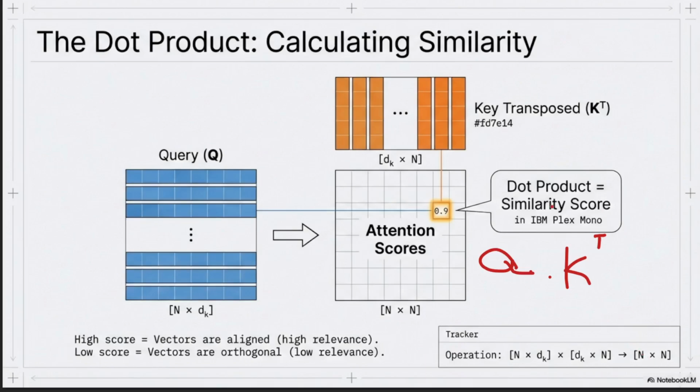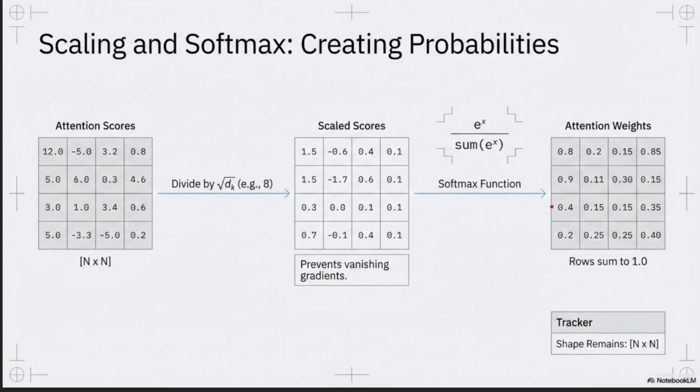So now for the fourth step, we do scaling and softmax. First, we divide our scores by the square root of dk.